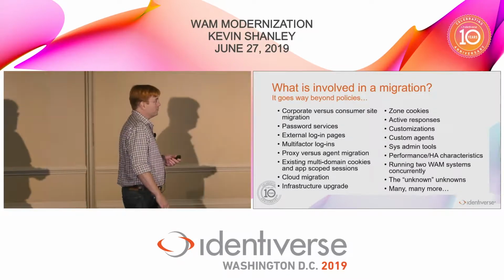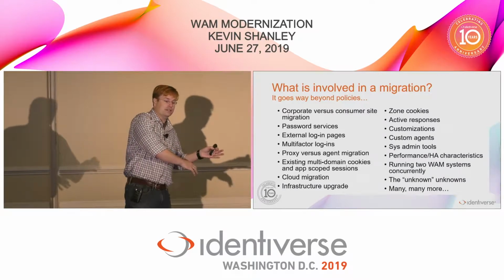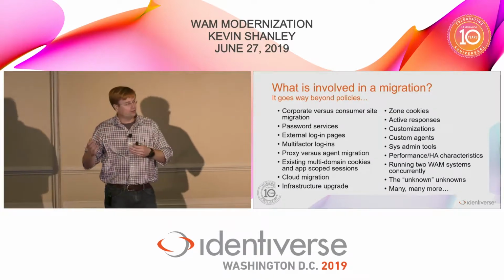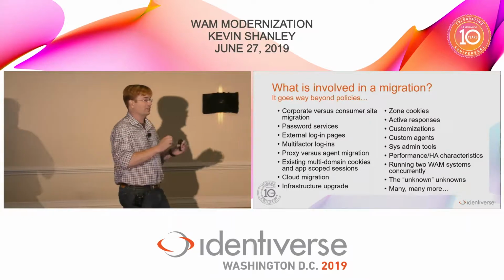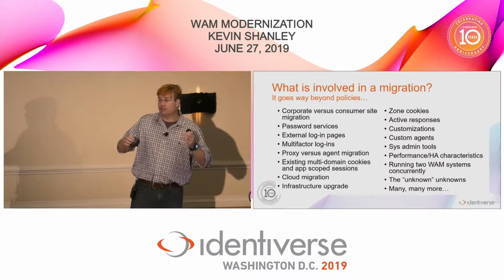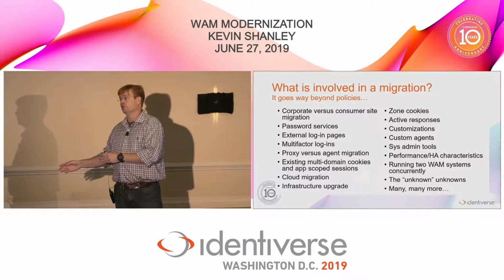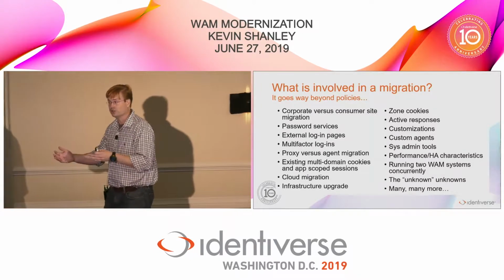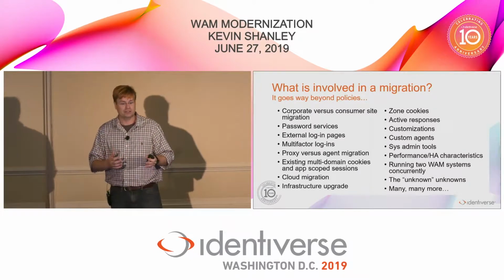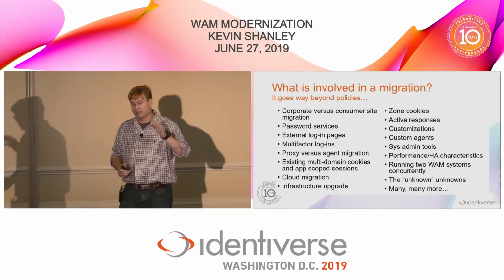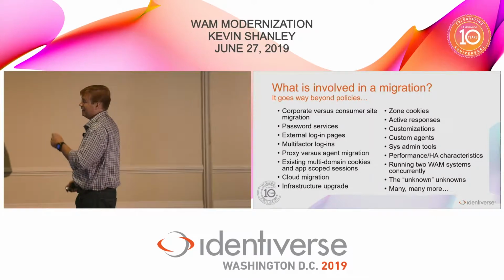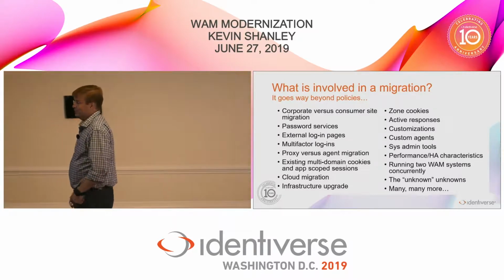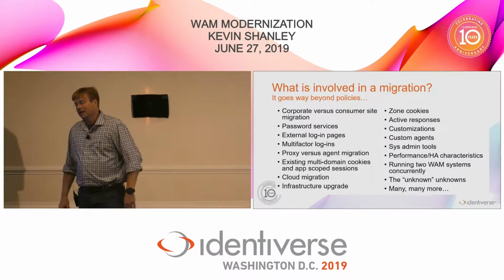But then a lot of customers like to boil in other types of things. We don't just want to migrate to a new WAM. We want to maybe migrate to the cloud. Maybe we still have Windows 2003 servers out there we want to also migrate. So there's now an infrastructure upgrade getting coupled together with all this stuff, with all sorts of proprietary technologies baked in. And then, getting to the end, the famous unknown unknowns.